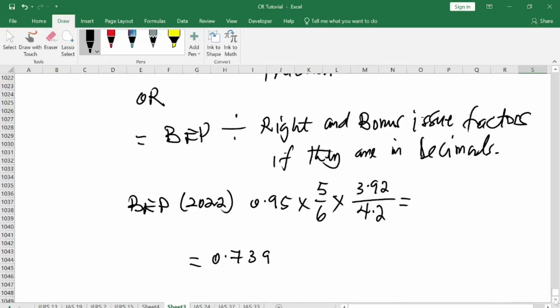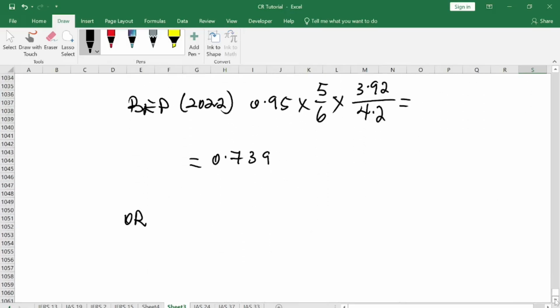Have you seen it? Okay. Or you have your basic earning per share 2022 being 0.95 if it is in decimals. So in decimals, it means I have to multiply the bonus fraction issue and then the right issue.